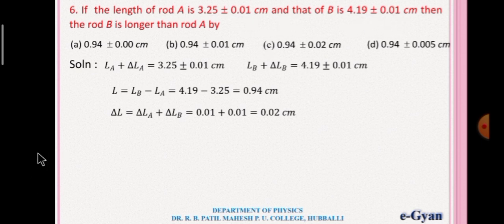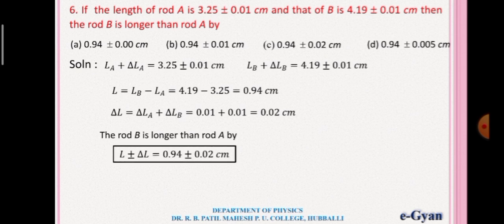Hence, substituting these values we get delta L is equal to 0.02. Then the rod B is longer than the rod A by L plus or minus delta L is equal to 0.94 plus or minus 0.02 centimeter. Okay, this value matches with option C. Hence, option C is right answer.